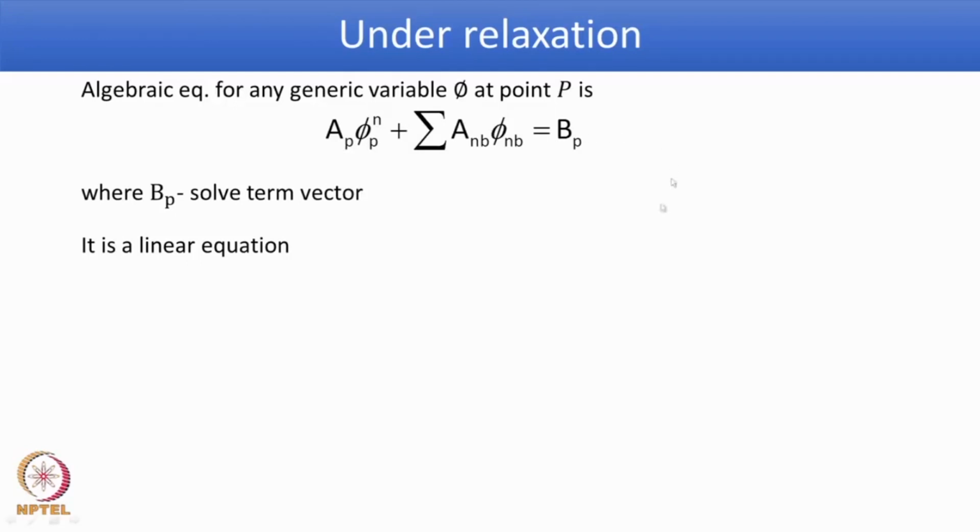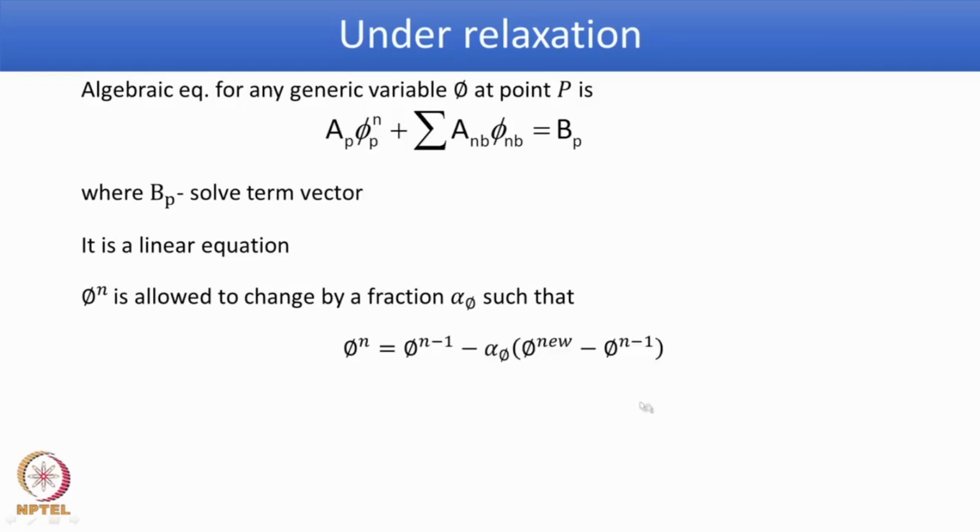Such a procedure is what is known as the under relaxation procedure. So, this equation is a linear equation. Phi^n is allowed to change by a fraction alpha_phi in such a way as shown here. Phi^n is equal to phi^(n-1), that is the previously obtained value, plus alpha times the difference between the new value and the old value.